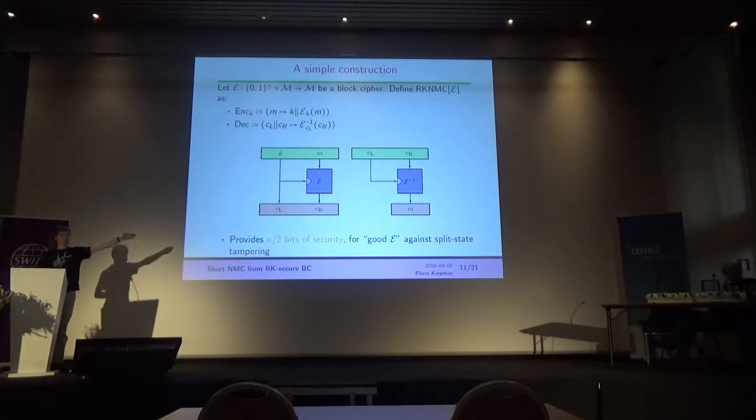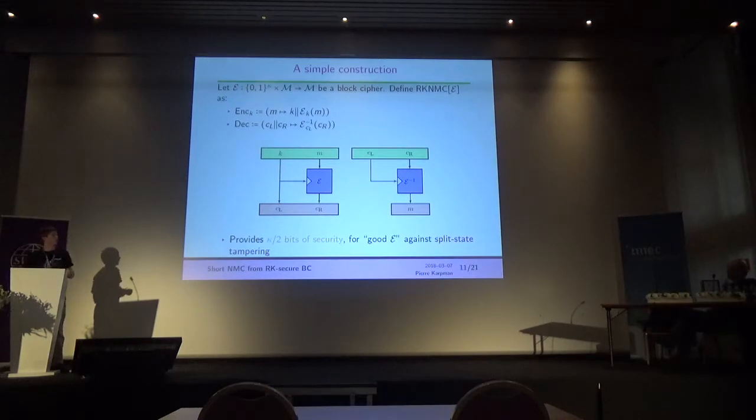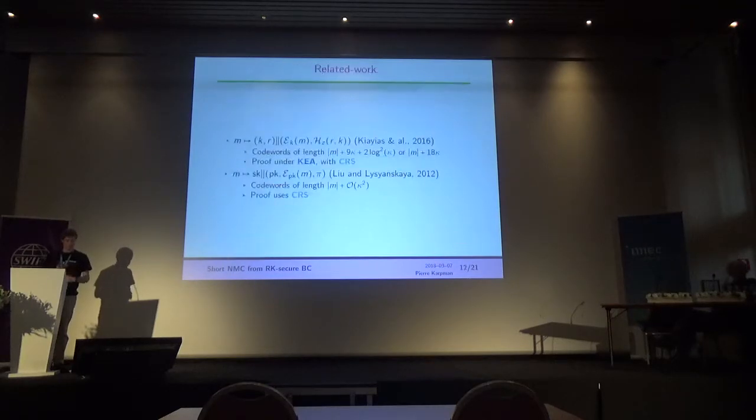This randomness we output straight as the left part of our code word, and the right part of the code word is the message encrypted with this randomness. You have a picture, and the decoding is quite obvious. You just retrieve this randomness, use it to invert the block cipher, and you get M back. What we show is that in this split-state tampering model that I mentioned, this construction provides kappa/2 bits of security if E is good, and we'll see what it means.